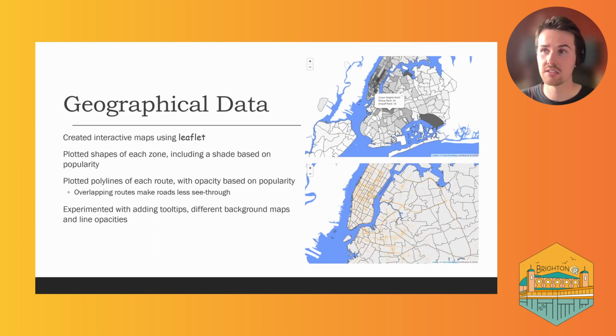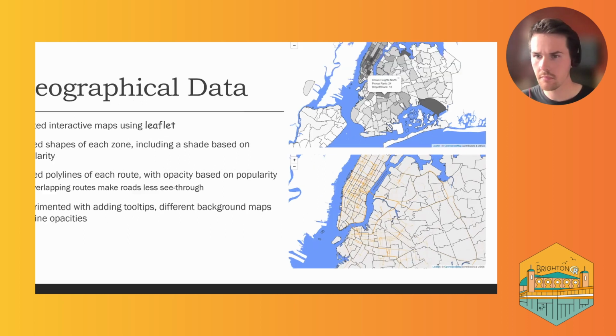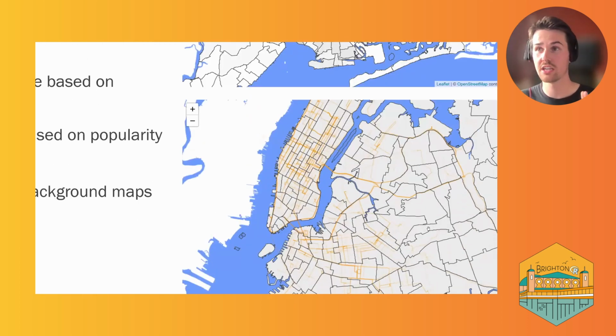So next, I decided to plot polylines of each route, and this is the data that we got back from the Google Maps API. And similarly to the shade of the zones, I gave each line a different opacity based on how popular it is. So the more popular, the darker. This means that if we have overlapping lines, the opacity will work together to form a darker line.